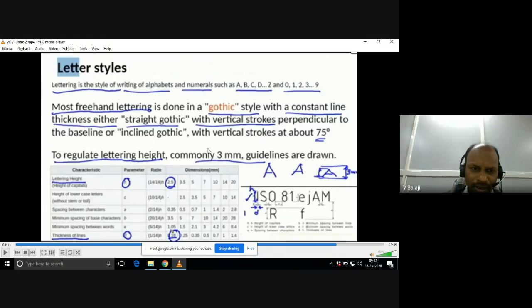But I encourage you to practice good letter writing and numbering on the drawing sheet. That creates a good impression when you draw something along with these letters and numbers. It gives a good impression to the examiner who is correcting your papers, and gives you good marks. That is the basic thing.